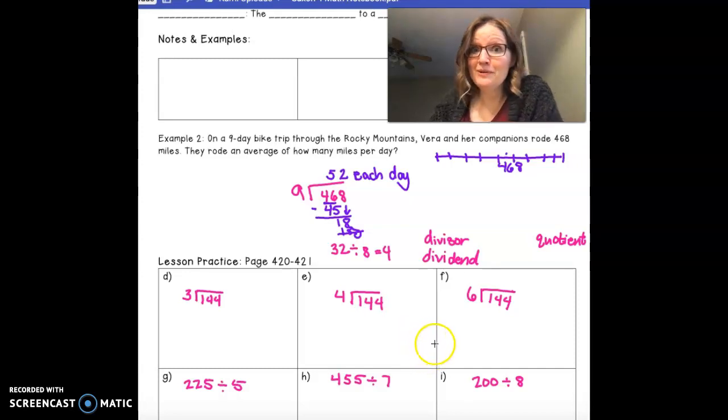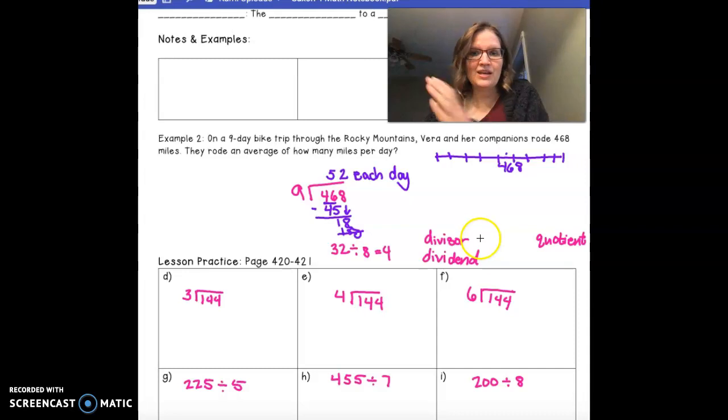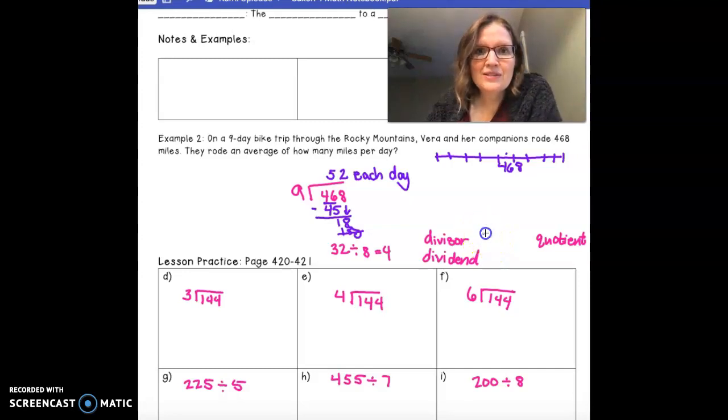Okay, hopefully you're back, and you've taken time to fill this out. Now let's see if what I do matches what you did. Our divisor is the number that we cut into chunks, and our divisor on this is 8. We're breaking it into 8 pieces, 8 parts.